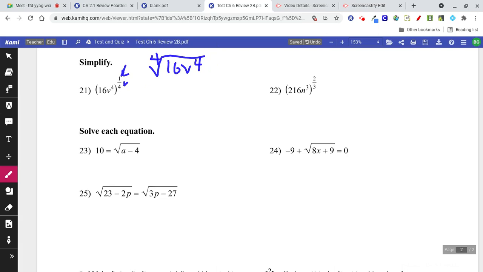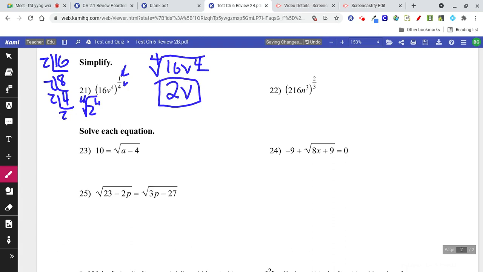So we want to take the 4th root of 16. So some of you might know that one. Divide by 2, you get 8. Divide by 2, you get 4. Divide by 2, you get 2. So that's 2 to the 4th. 2 to the 4th power. If we take the 4th root of 2 to the 4th, that's just going to be 2. And 4 goes into this 4 once.